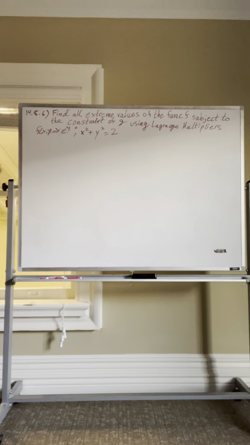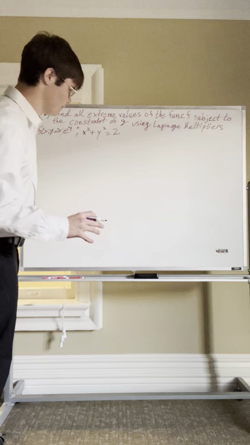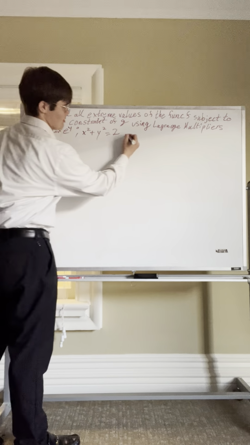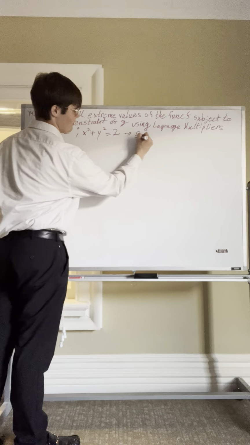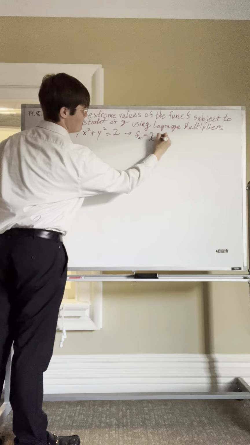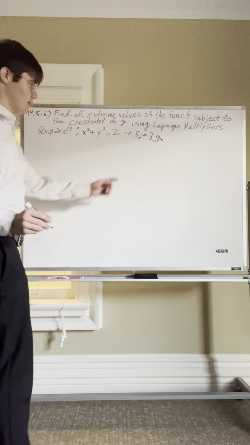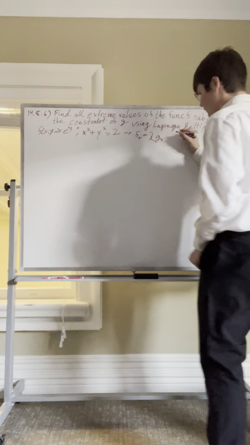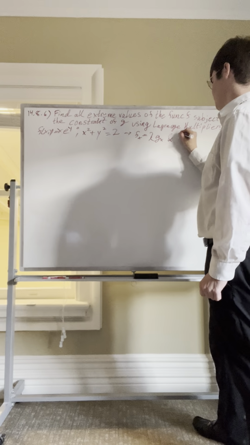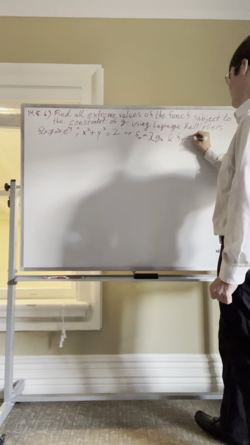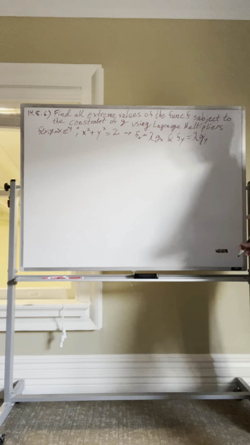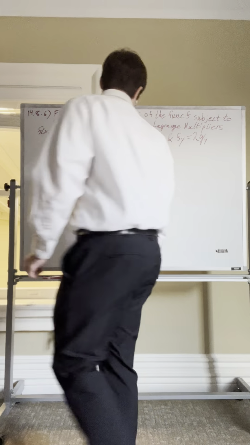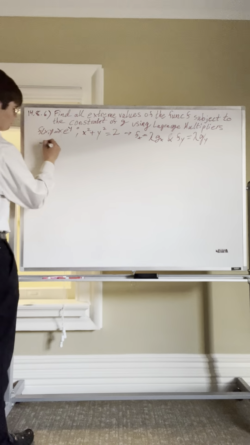So what we have to do, like I said in the previous segment of that video, is use the partial derivative of f with respect to x equals lambda times the partial derivative of g with respect to x, and the partial derivative of f with respect to y equals lambda times the partial derivative of g with respect to y. So let's do that real quick.